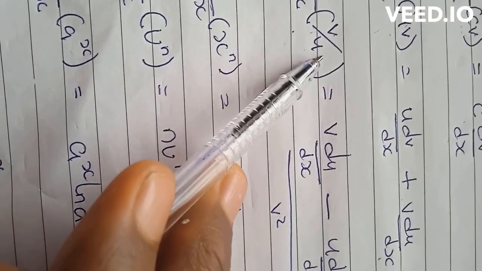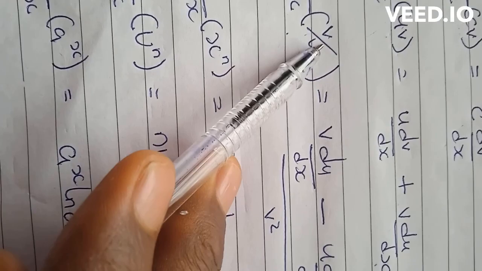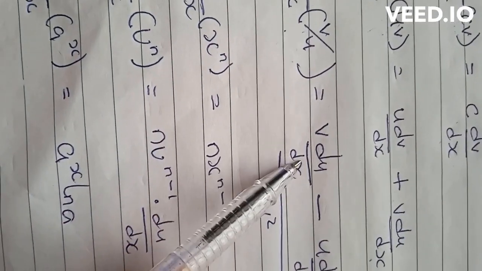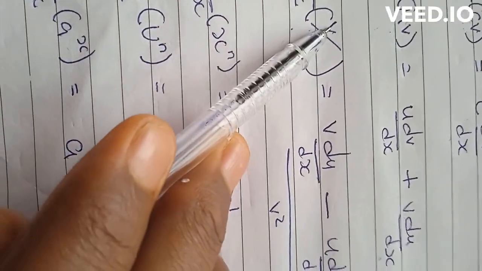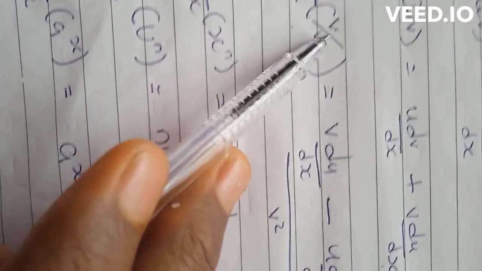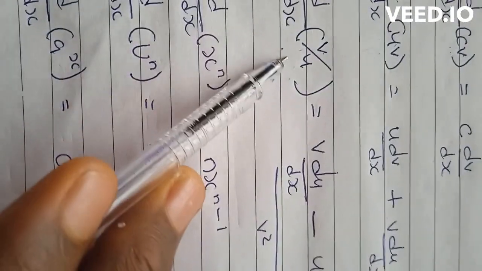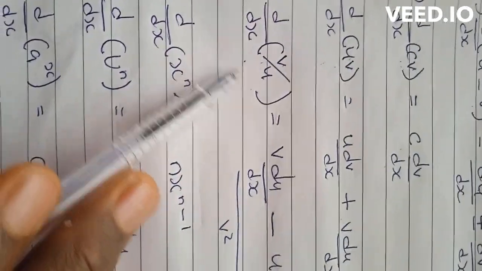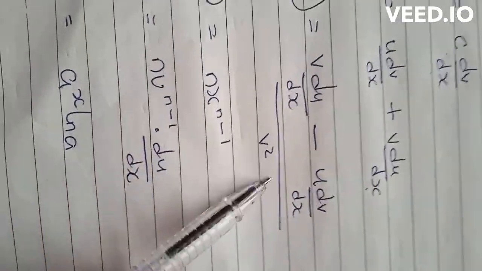Remember, the differential of the denominator, which is u, is du over dx, multiplied by the numerator, which is v, minus the differential of the numerator, which is dv over dx, multiplied by the denominator, which is u, all over the denominator squared, which is u squared. That's why differentiating this, you have v du over dx minus u dv over dx, all over u squared.